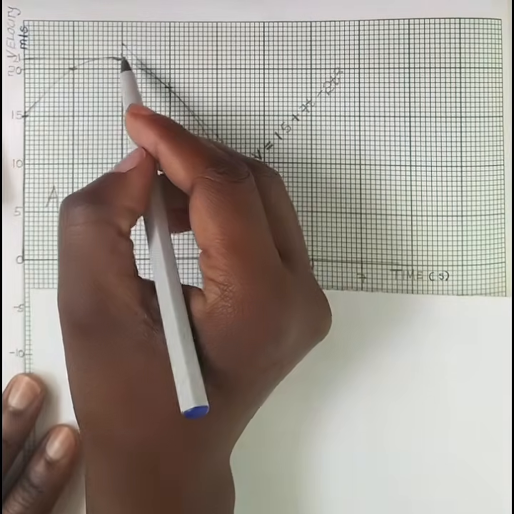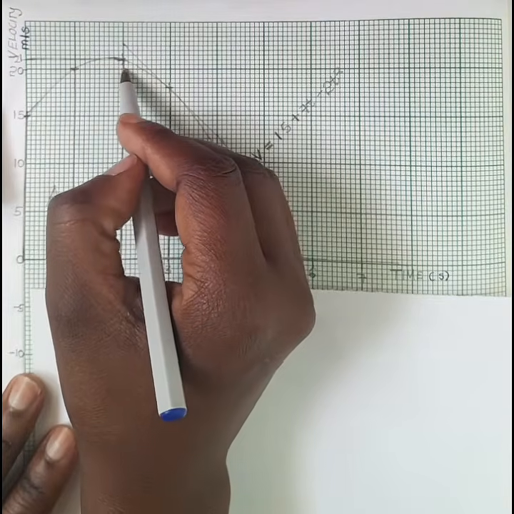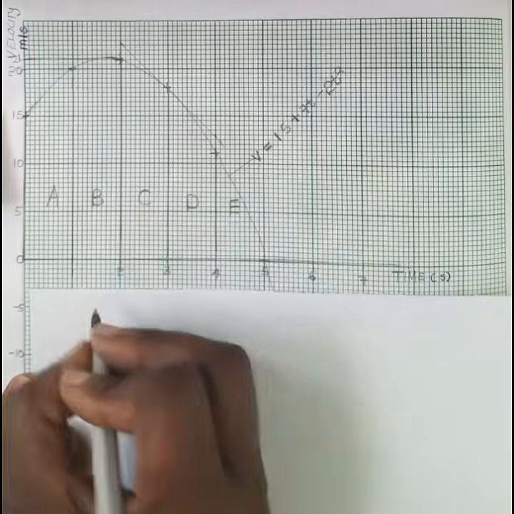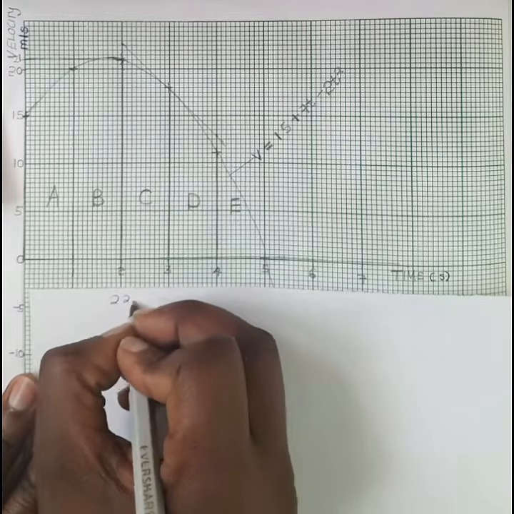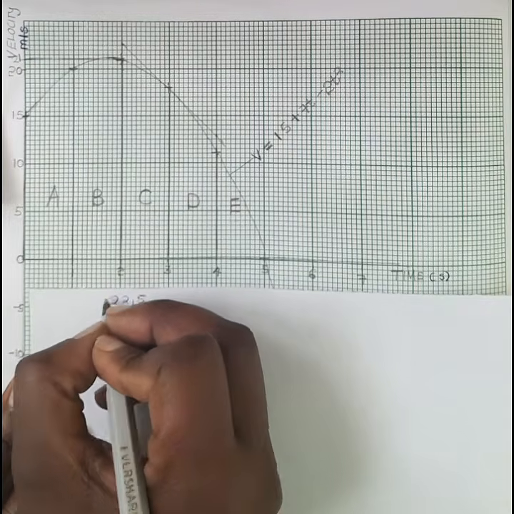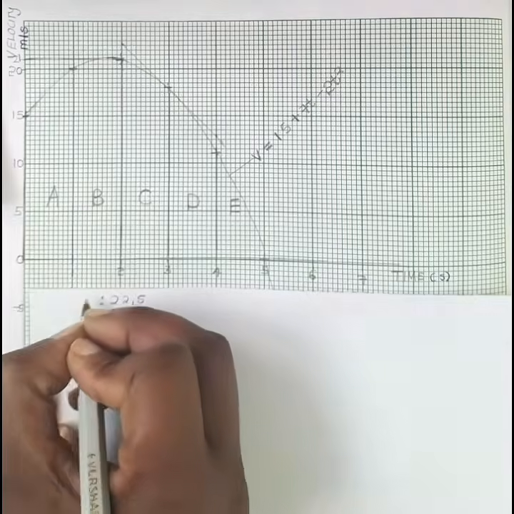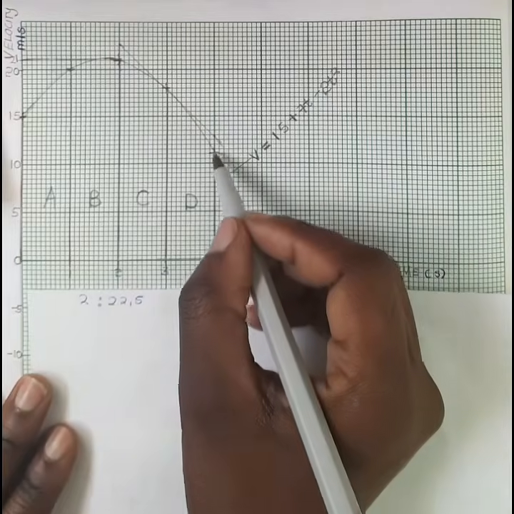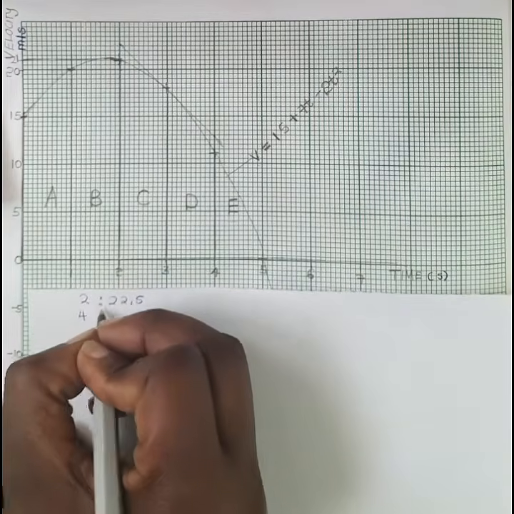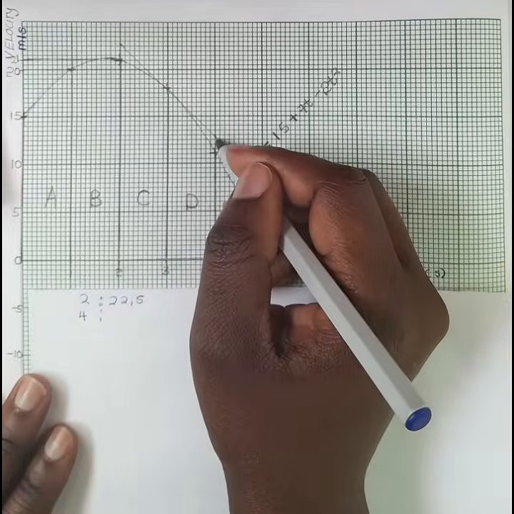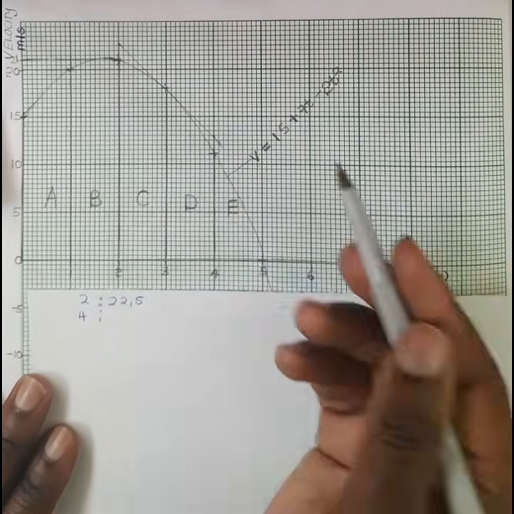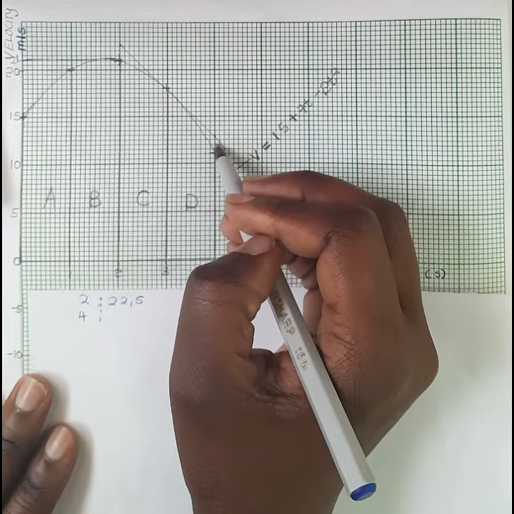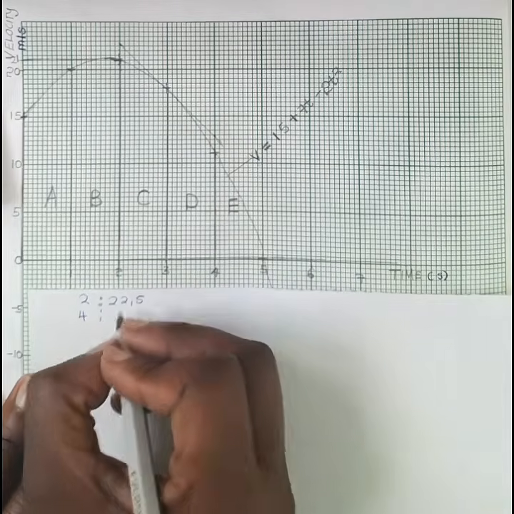So here, this is our 20, we say 21, 22, 22.5. So 22.5 on the y-axis is in line with 2 on the x-axis. And then this point is 4 on the x-axis, in line with, so here we are having 10, say 11, 12, 13.